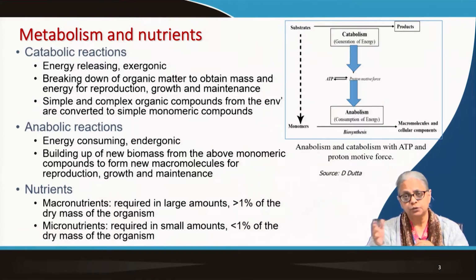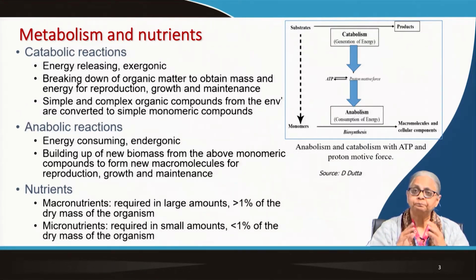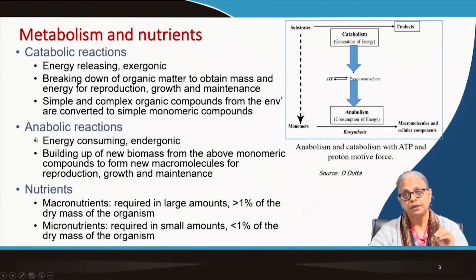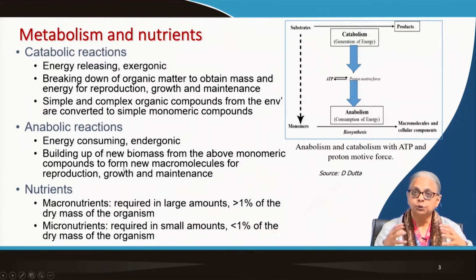What we also need, and so do the bacteria, is that we need to create new biomass, whether that new biomass is for repairing whatever has gone bad or wrong, or for reproduction. In either case, new biomass has to be generated, and that is done in anabolic reactions. Anabolic reactions consume energy, where the monomeric units generated in catabolic reactions are put together again into new macromolecules.